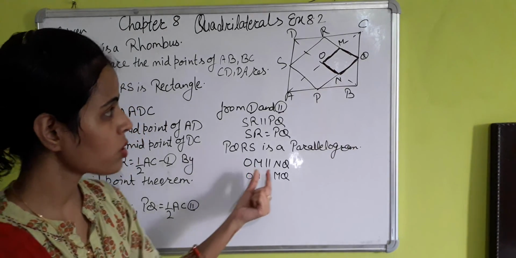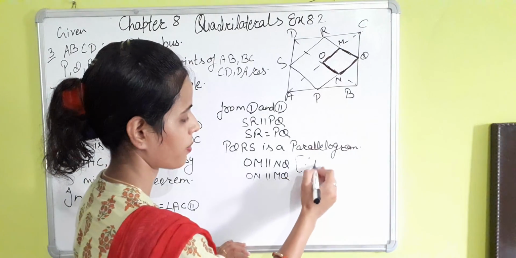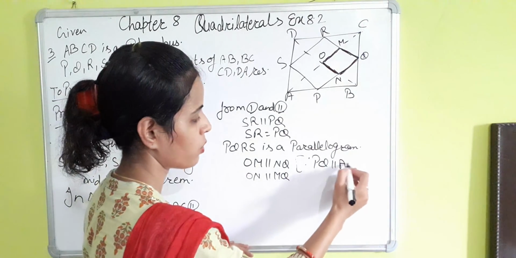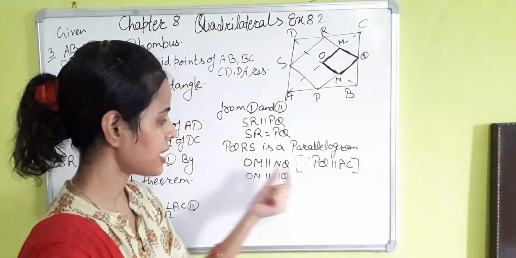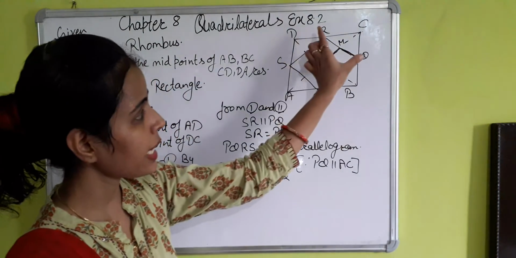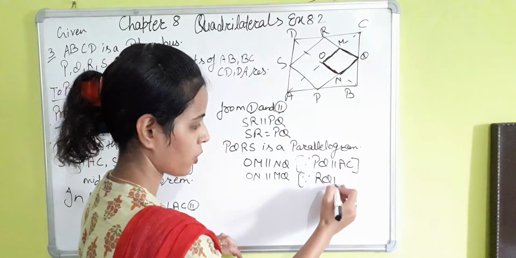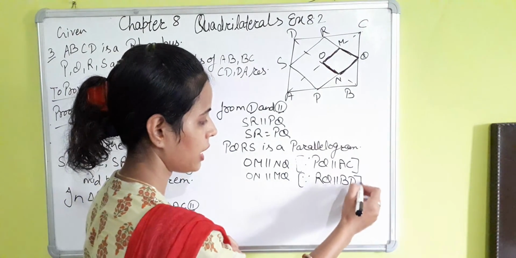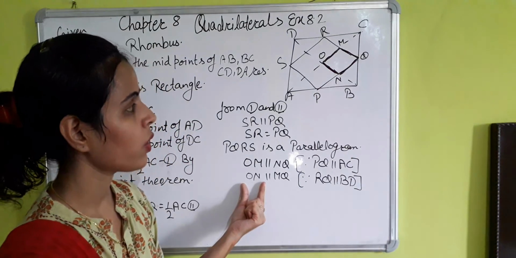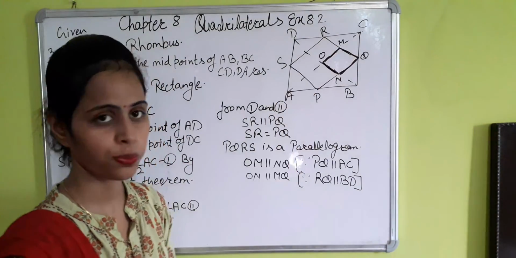Why? Because this line PQ is parallel to AC, so OM is also parallel to NQ. This line RQ is parallel to BD, so this part ON is also parallel to MQ.